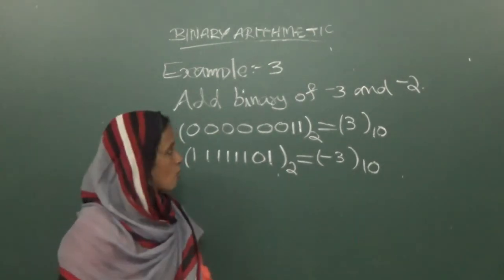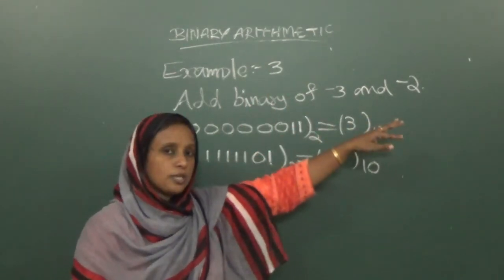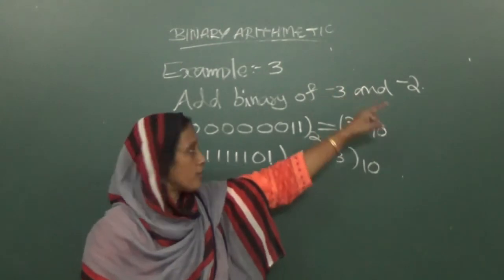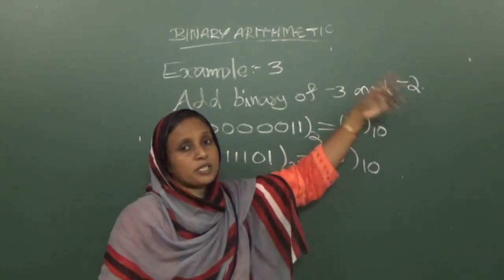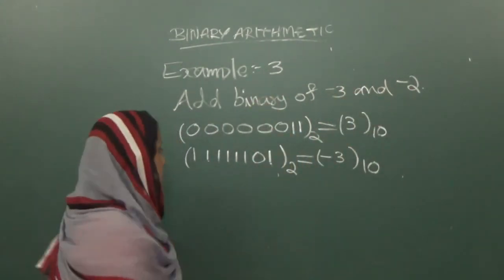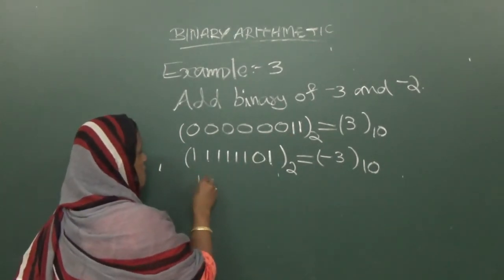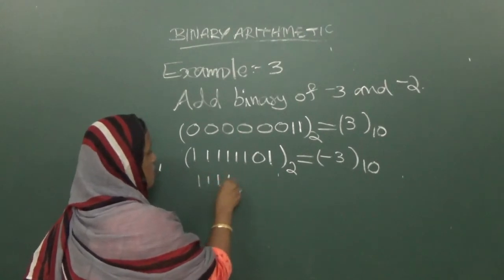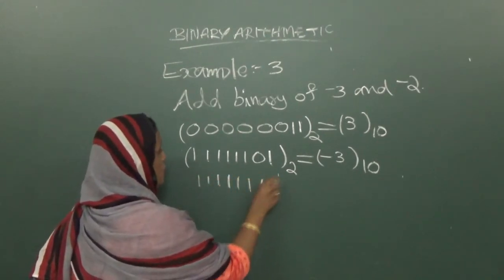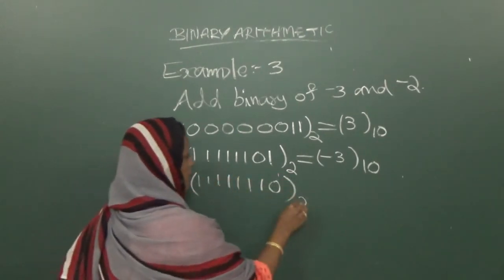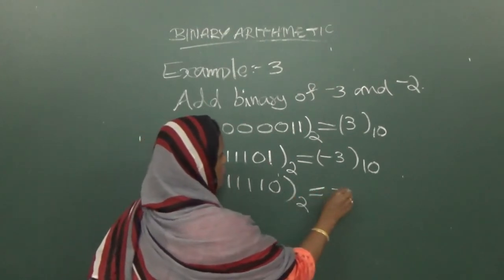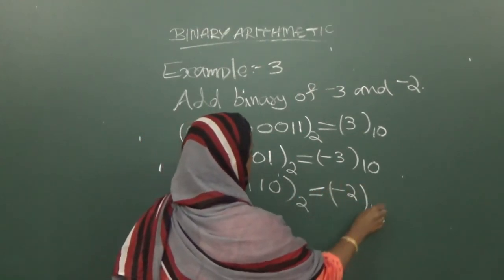Okay. Now we want to add minus 2. In our last second problem, we did this one: how to represent minus 2 in binary. So I can write here binary minus 2 directly. 1, 1, 1, 1, 1, 1, 1, 0 in binary is equivalent to minus 2 in decimal system.